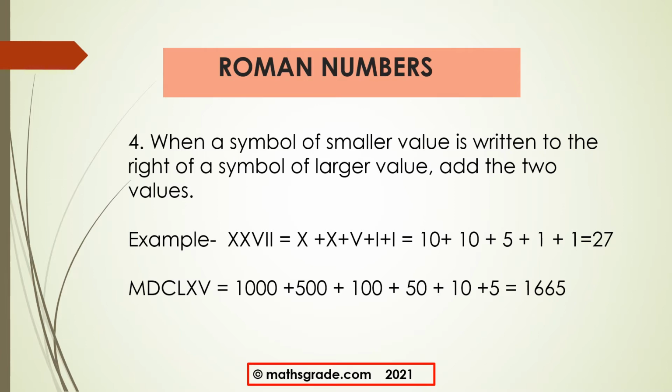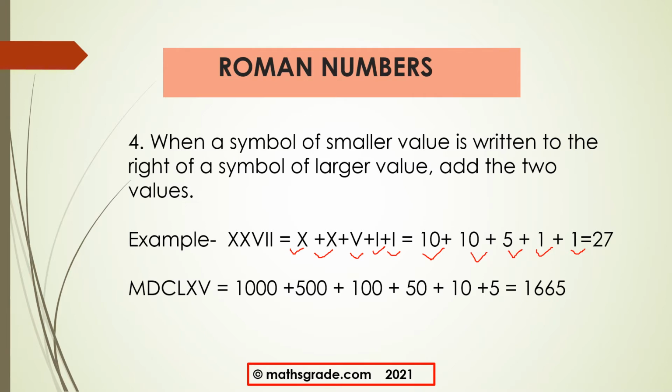X means 10. Take XXVII. Here it is X plus X, then plus V plus I plus I. XX is 10 plus 10, V is 5 and I is the Roman number for 1 in Hindu-Arabic numerals.